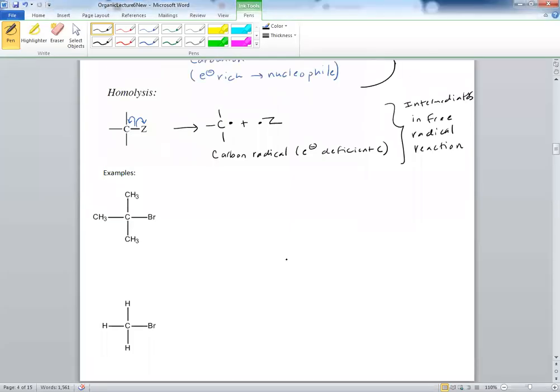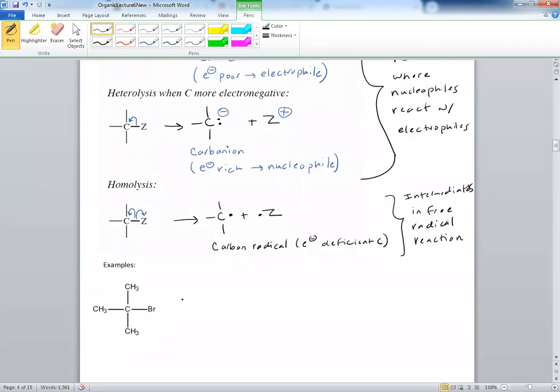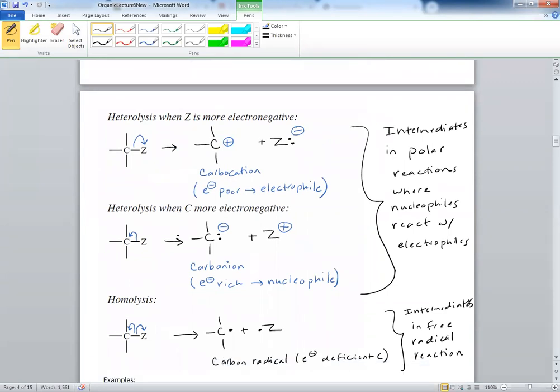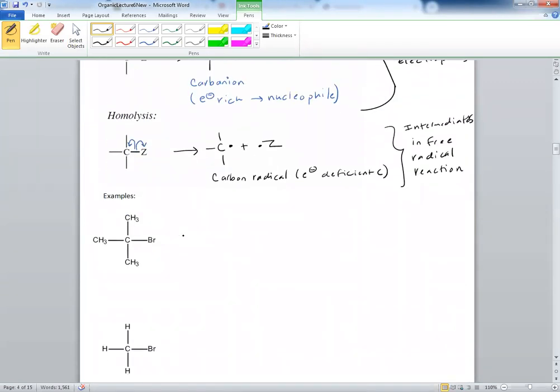So in this example, the first example, we have a heterolytic cleavage, similar to this, where Z, in this case, is bromine.